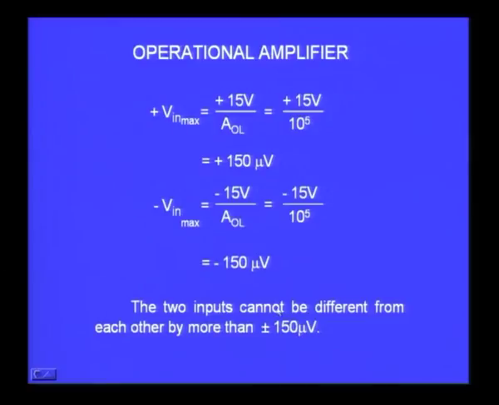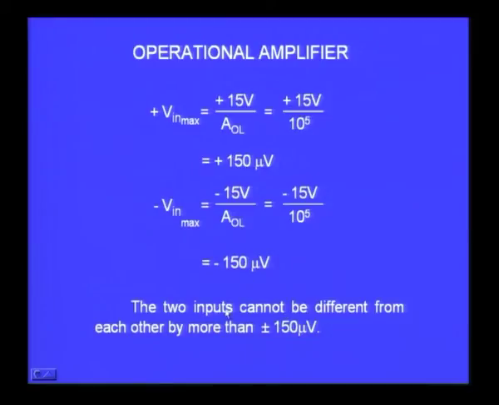So, the two inputs of an op amp cannot be different from each other by more than plus or minus 150 microvolt. This is a very important concept which will help you to understand many of the principles of working of the circuit.